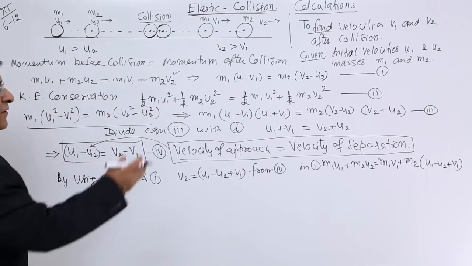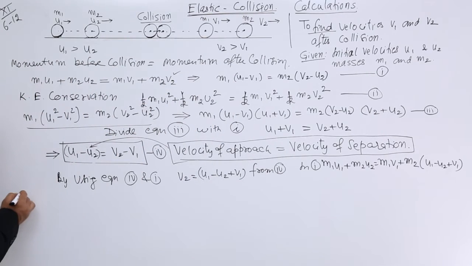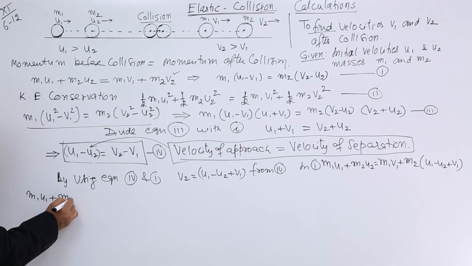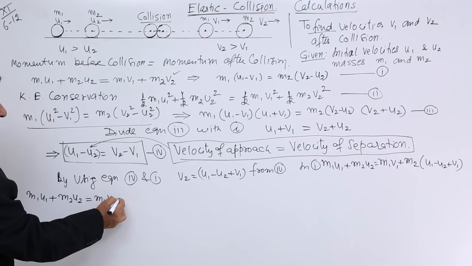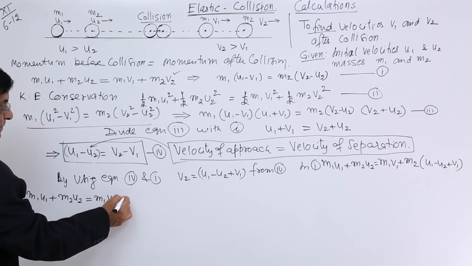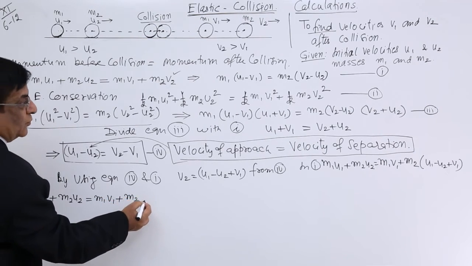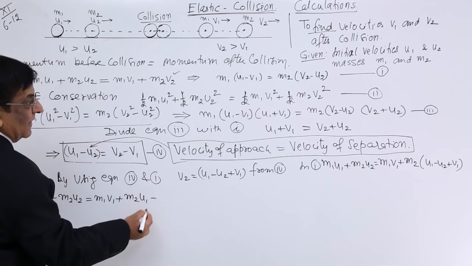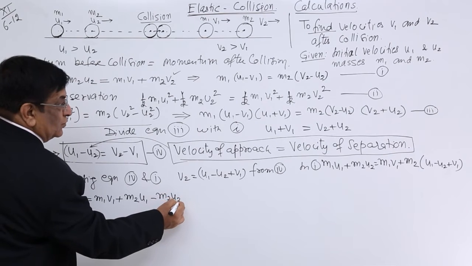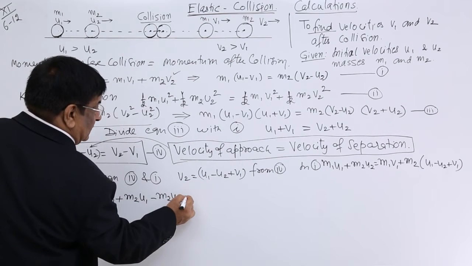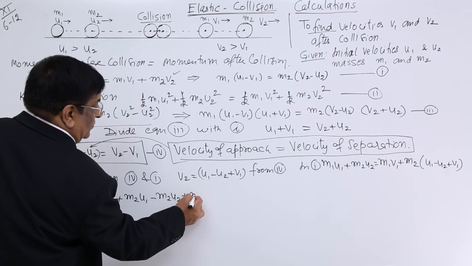Open it up, so this will be m1 u1 plus m2 u2 is equal to m1 v1 plus m2 u1 minus m2 u2 plus m2 v1.